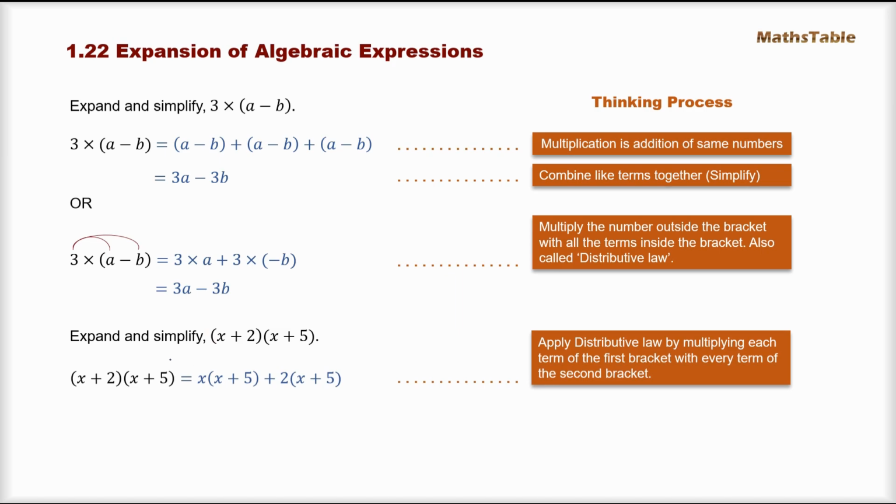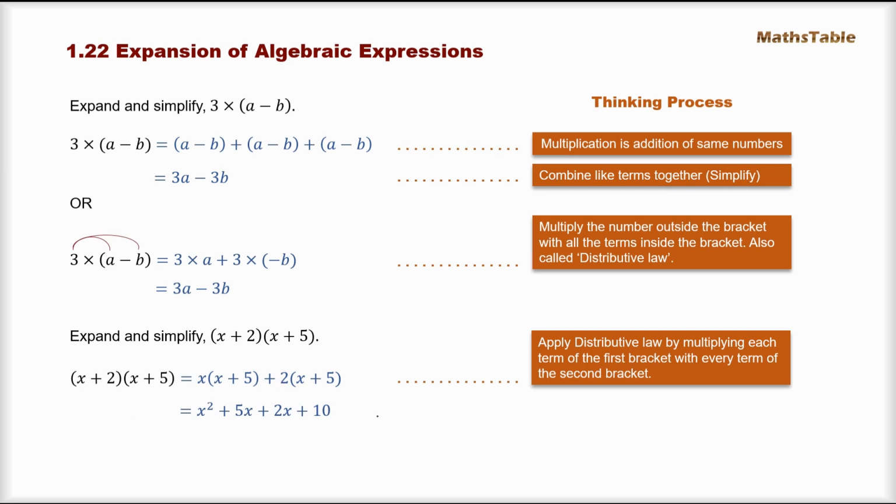So we'll first select the first term of the first bracket and multiply with the second bracket, and then we'll select the second term of the first bracket and multiply with the second bracket again. So doing that, we can open up now using the same distributive law. Then we get x times (x squared plus 5x) plus 2x plus 2 5s are 10.